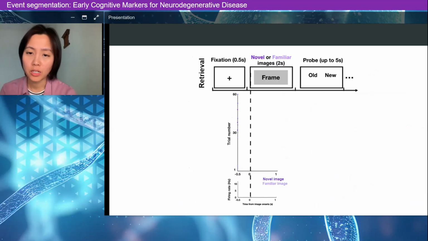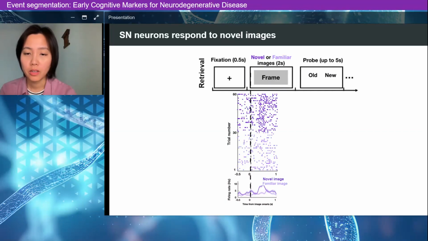And the next question is how the neurons behave when they retrieve their memories, when they are presented with the novel or familiar images during the retrieval tasks. So now we align the neural activity to the novel image or familiar image onset. As shown here, this is one neuron we recorded from the substantia nigra with increased firing rate following the novel image, compared to the baseline, also compared to the familiar images.